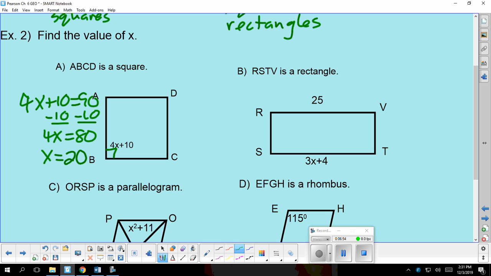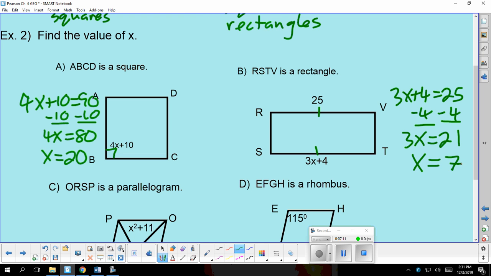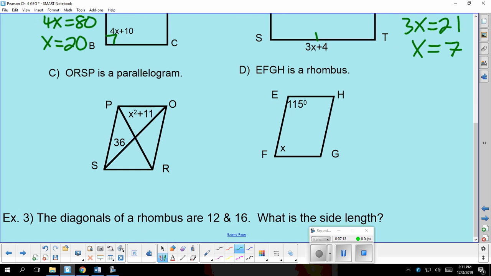So this is a rectangle, so opposite sides are congruent. 3x plus 4 equals 25. Subtract 4 from both sides. 3x equals 21. x equals 7. This one, diagonals bisect each other.